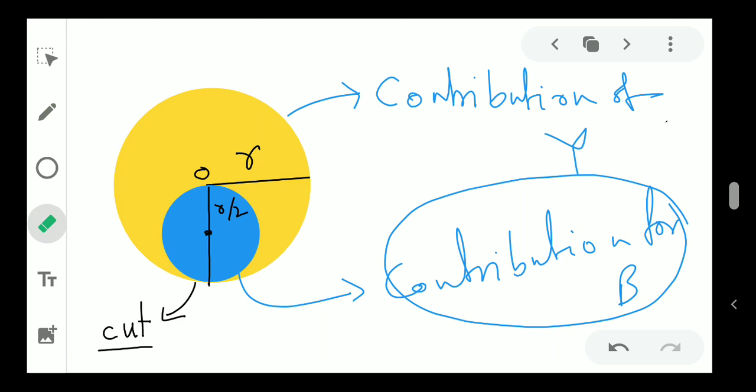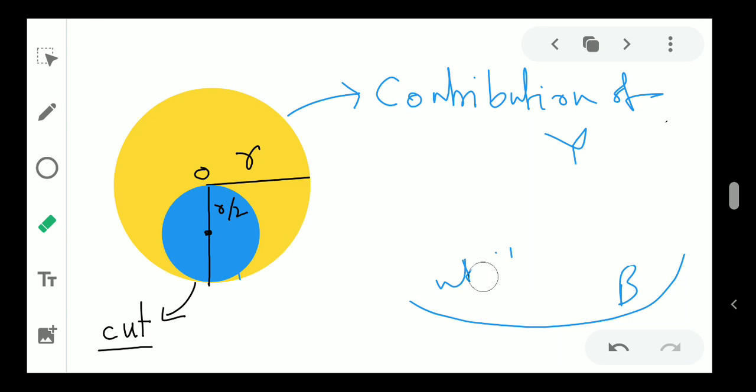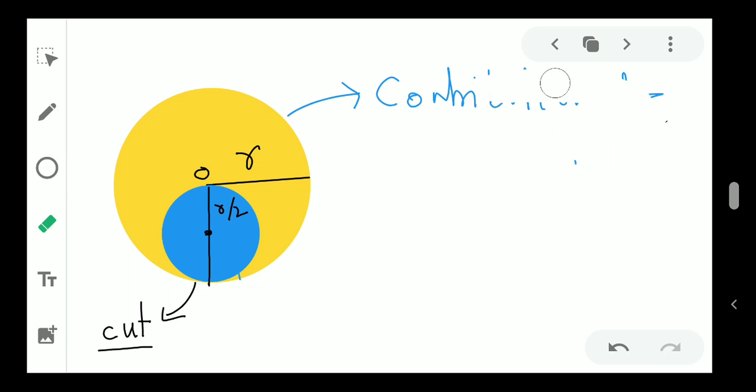So if we have to do that, first we have to find out, let's say the total mass of the disk is m, but I don't know the mass of this small portion, so I have to find out the mass because I have to subtract that m_i r_i term. So let's say the yellow one has mass m.